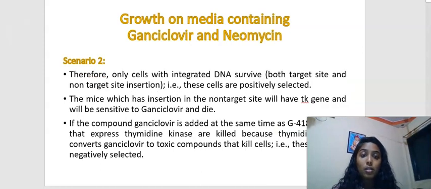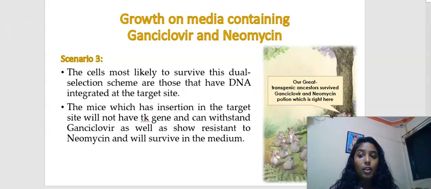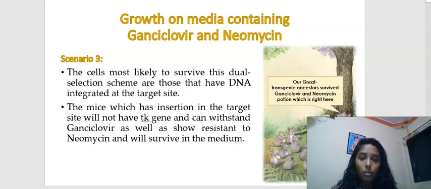If it is inserted in the spurious site, then it will have both TK and neo-R. While if it is inserted in the target site using homologous recombination, then it will only have neo-R and it will not have TK. So let's see what happens at the end.